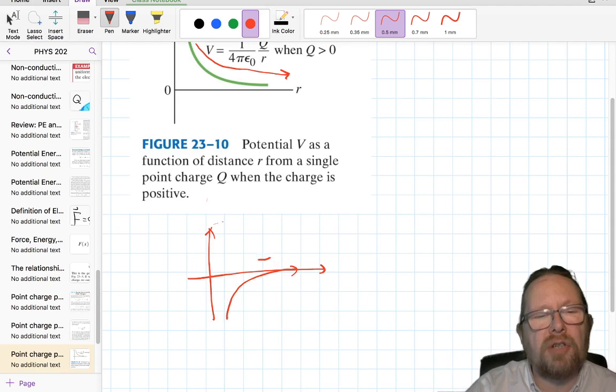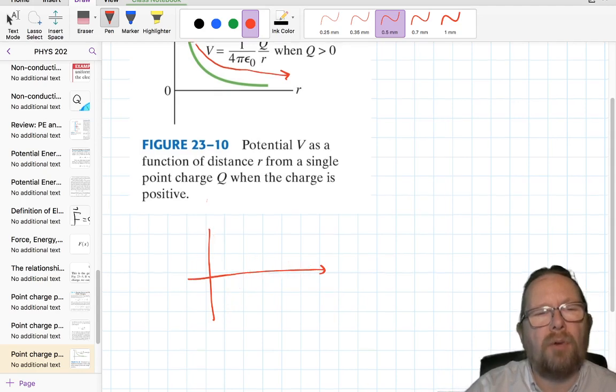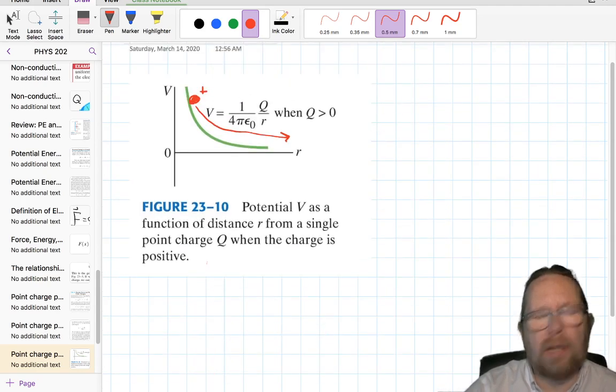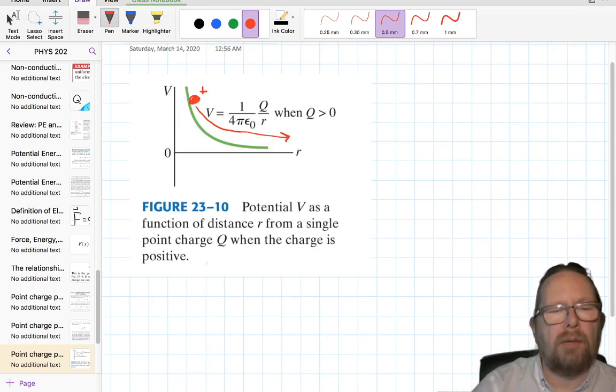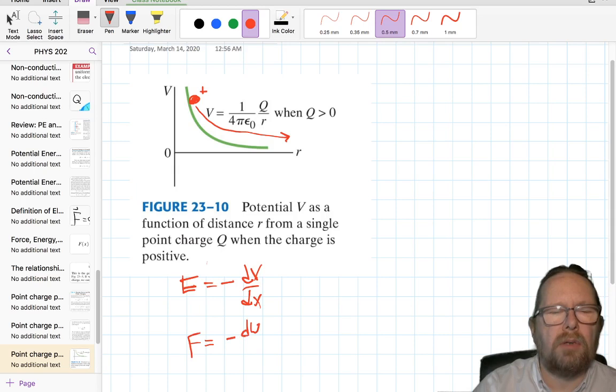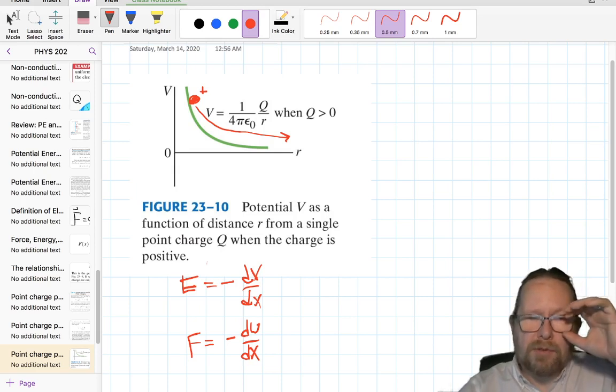So this relationship between a potential and a force, or a field and a potential, is one of a derivative, right? The electric field is equal to minus dV dx, or the force is equal to minus dU dx. So the direction of the force is the rate of change of that potential in space.